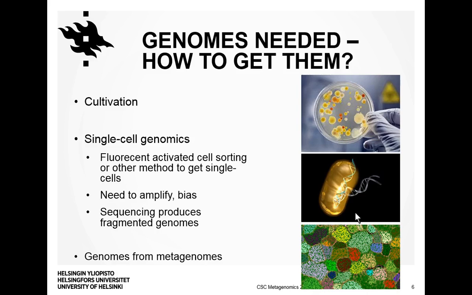But that also has problems, because you need to amplify the genomes, and that might cause some bias, or will cause some bias. And also sequencing can produce a really fragmented genome, so you don't have the complete genome and all the information in that. And then the last way to do that is getting genomes from metagenomes, which I'm now going to spend some time telling you about.